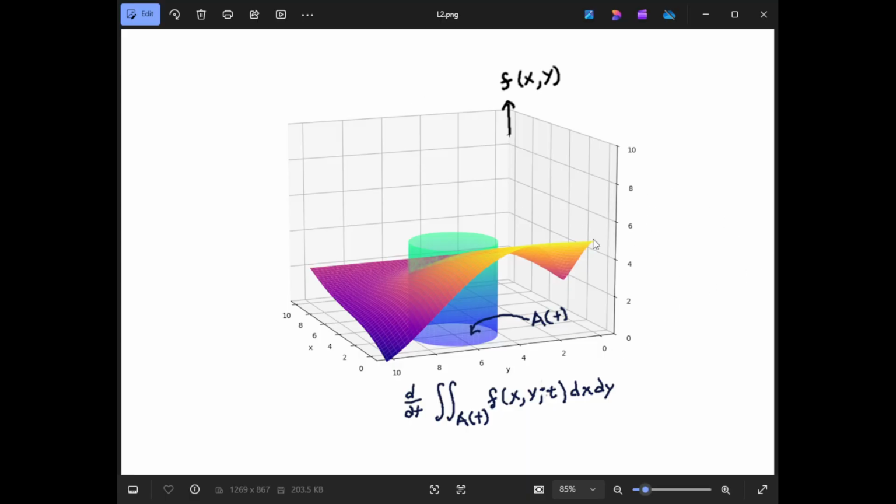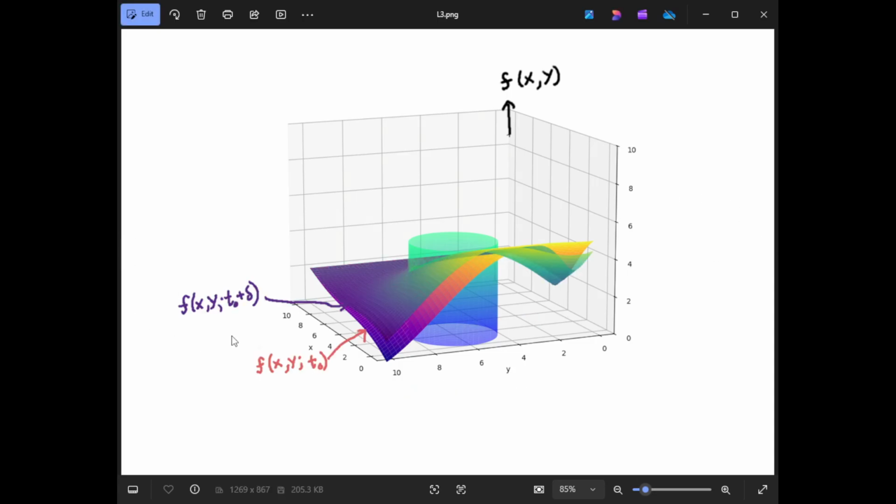So there are two things that basically happen here. The first is the function in x and y at t naught, it's going to be one value, but as time progresses, so this is taken a time delta after t naught, so a very small interval over time after t naught, the function of x and y is going to deform.